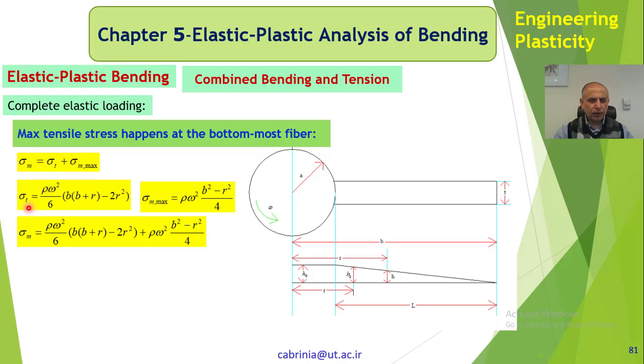Now, sigma t was this, I obtained this before, and sigma m max was this, as obtained before. So sigma m then is the sum of these two, so I add them together and simplify them, and it becomes something like that. Rho omega squared over 12, 5b2, 2br minus 7r2.